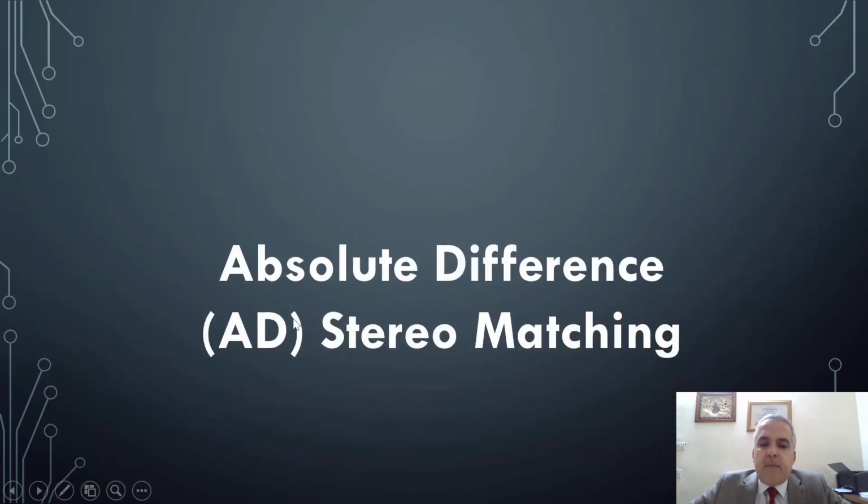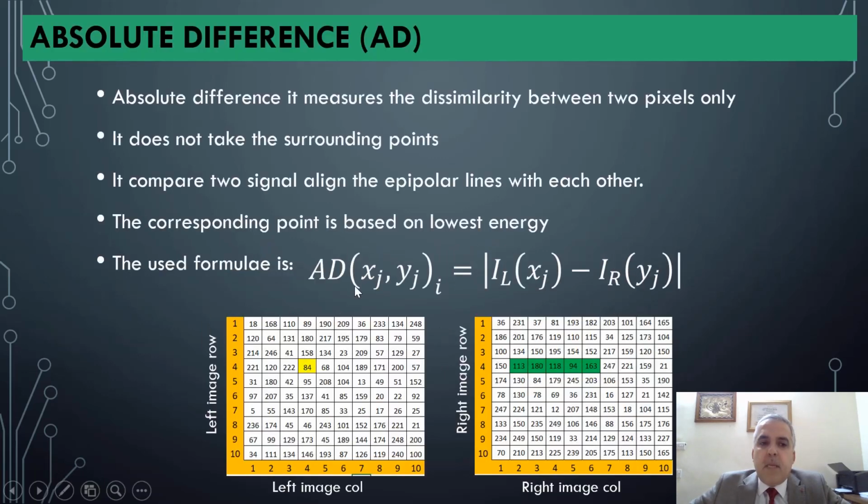Let's talk about the first method, which is the AD or absolute difference stereo matching method. The absolute difference measures the dissimilarity between two pixels only. It doesn't take surrounding points. It compares only signals aligned along the equivalent lines with each other. The corresponding point is based on the lowest energy.